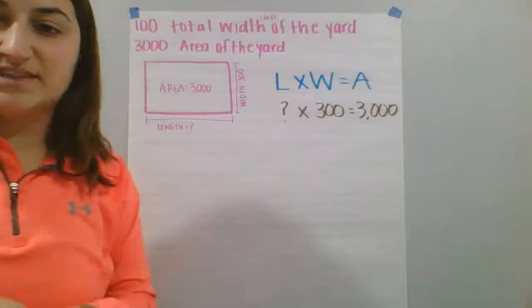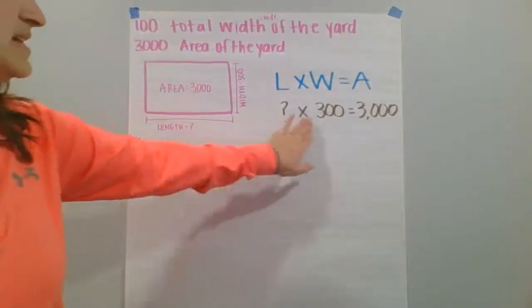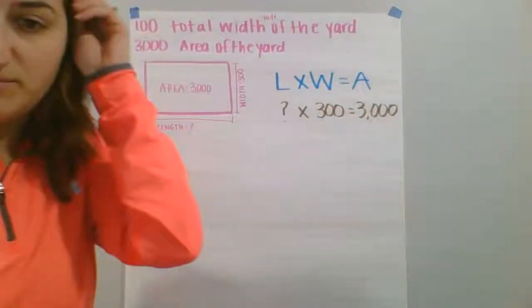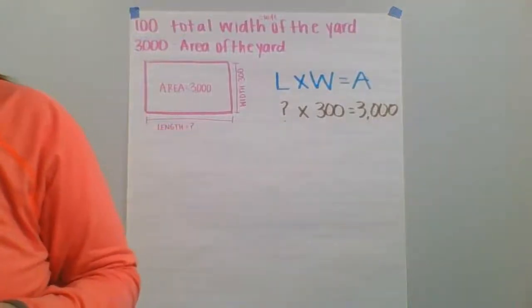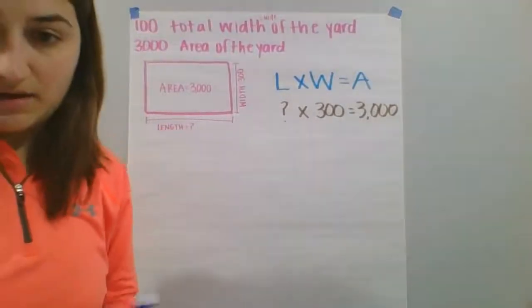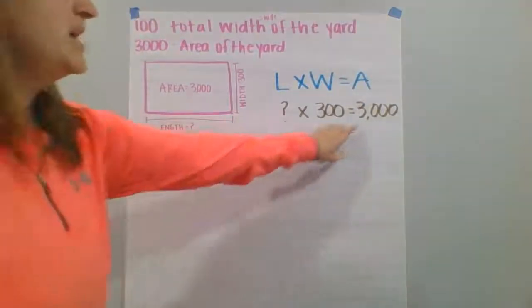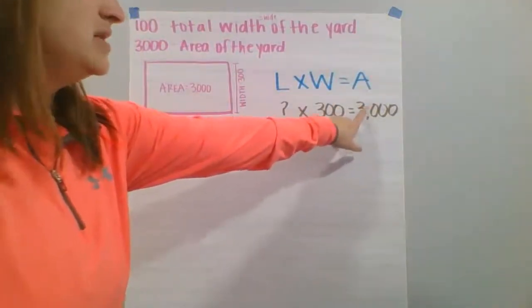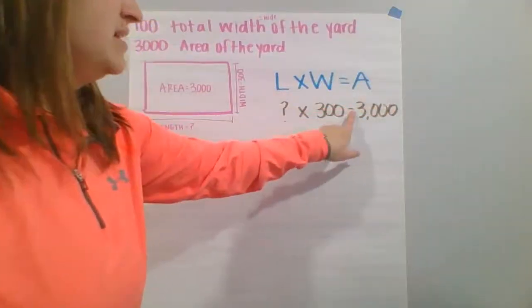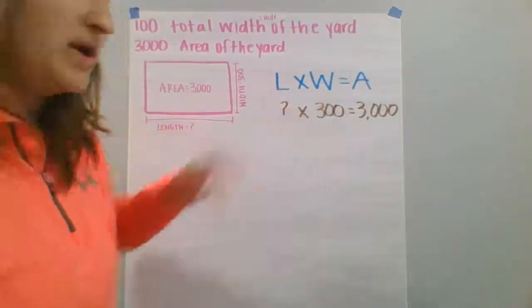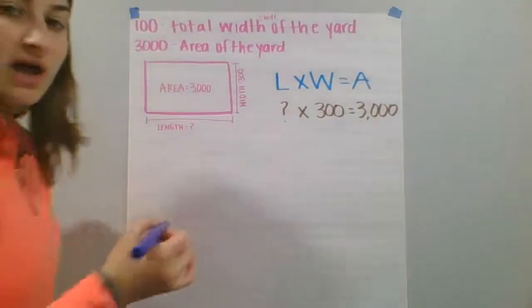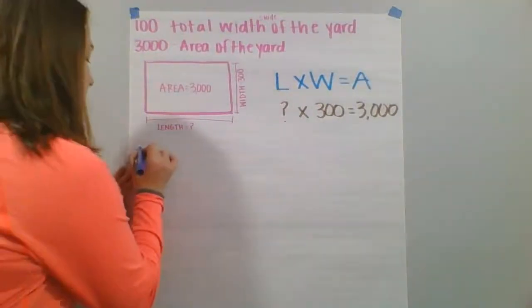Okay, so if we're looking at this problem, something times 300 is going to give me 3,000. But we also know the opposite of multiplication is division. So what we can do is we can turn this around to figure out what 3,000 divided by 300 is going to give us. And we'll do a couple different strategies for this.